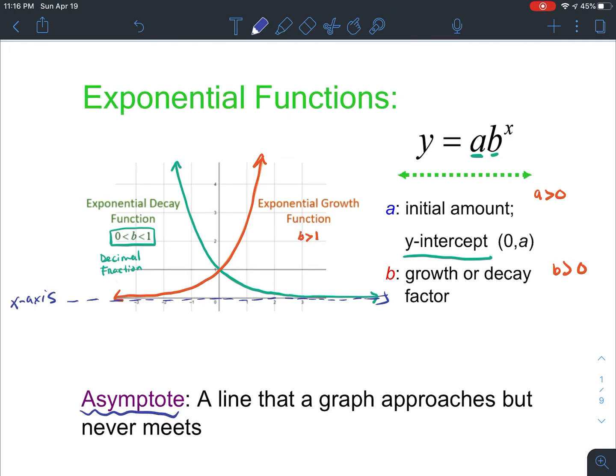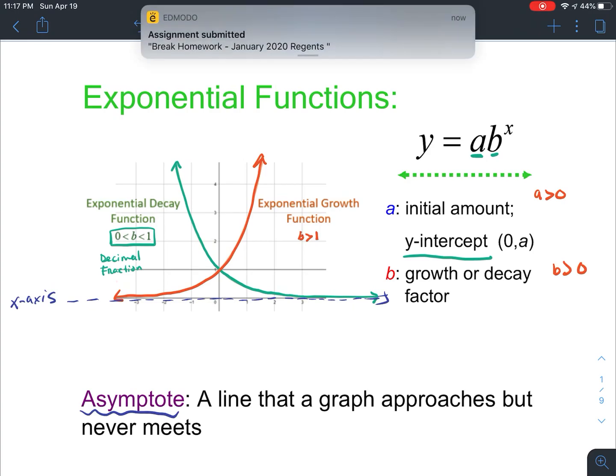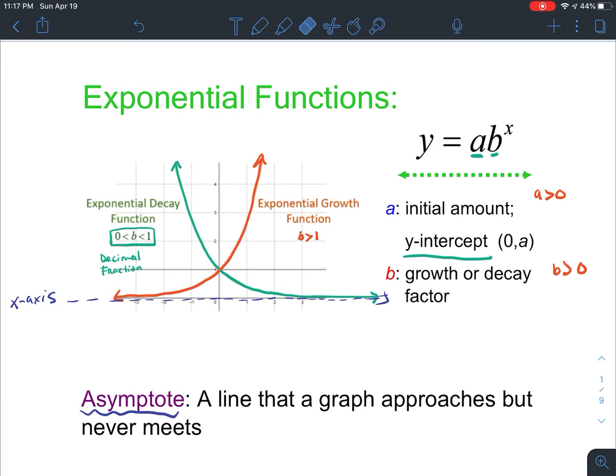You'll never see it cross the x-axis. As long as both a and b are positive, the whole graph will be above the x-axis. Now that will change when you add and subtract values, as we talked about with graphing. But for the most part, the ones we're going to be looking at in this chapter will have an asymptote at the x-axis, which is y equal to 0. Okay, the line y equals 0.